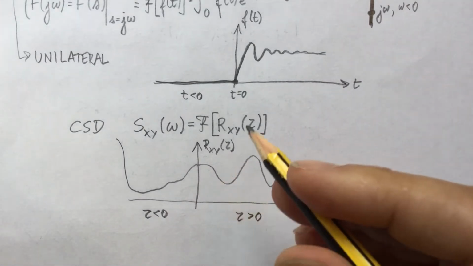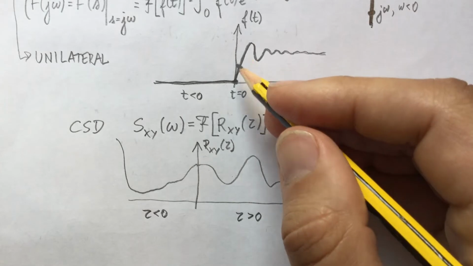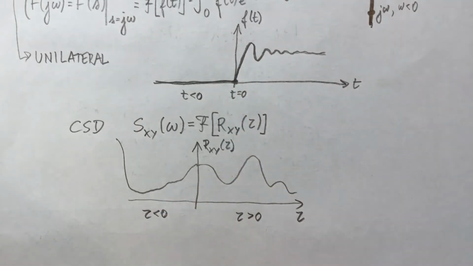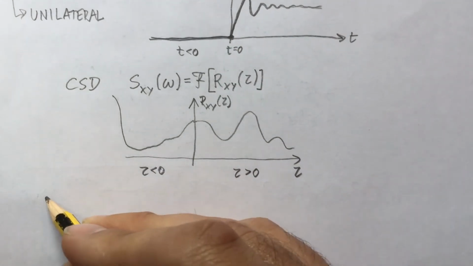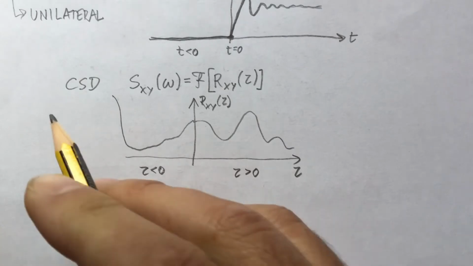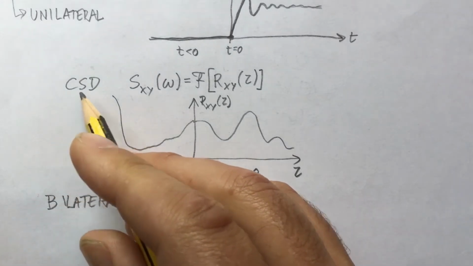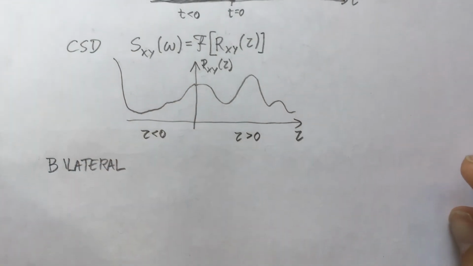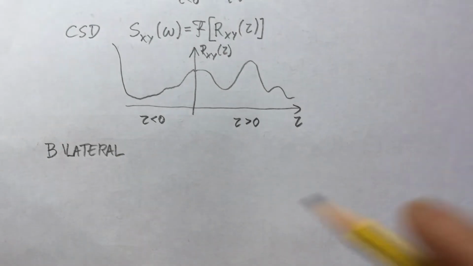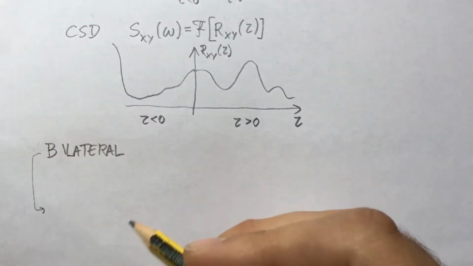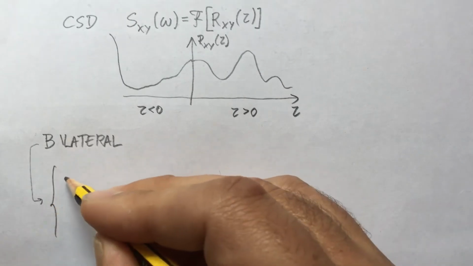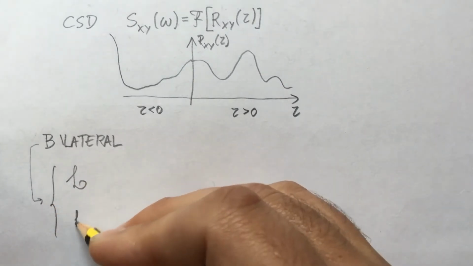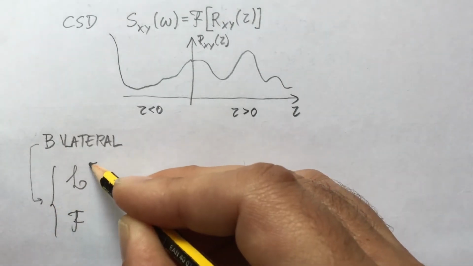Consequently, it is not reasonable to use a unilateral transform with this. That is why, when calculating the cross-spectral density and the power spectral density, we use bilateral definitions for both the Laplace and the Fourier transforms.